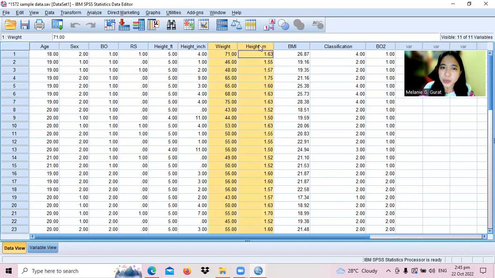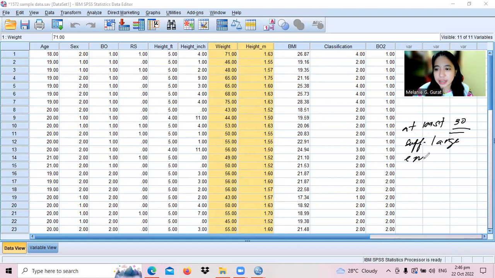Since we have 35 respondents, by central limit theorem, I'll reiterate that, at least 30 is sufficiently large enough, and it also means that the data approaches normal.